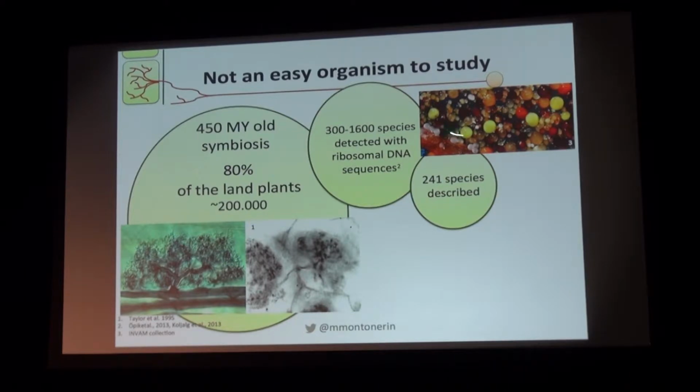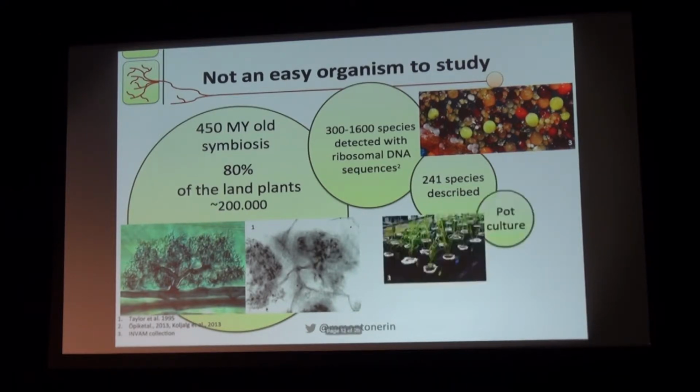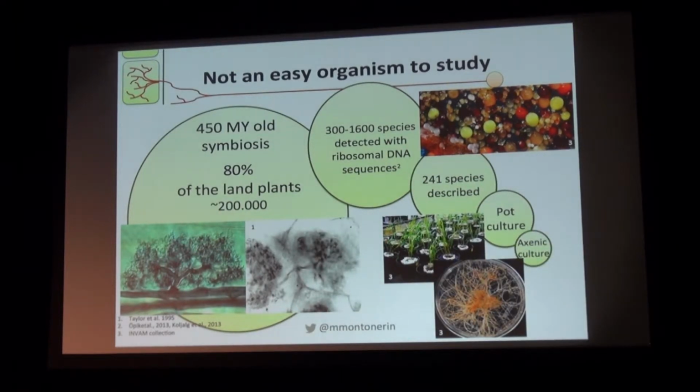If we want to get DNA sequences to know more about them, until now the only method to grow them was using pot culture, but that already lowers the number of species we can use. And still, it's quite a dirty method to obtain DNA, because you always have to have it with the plant, and you always have the sand and everything.